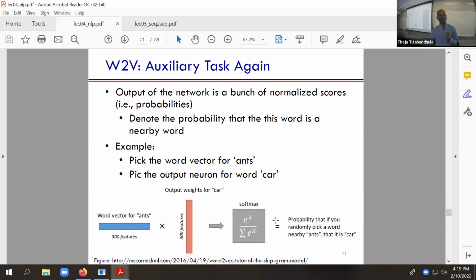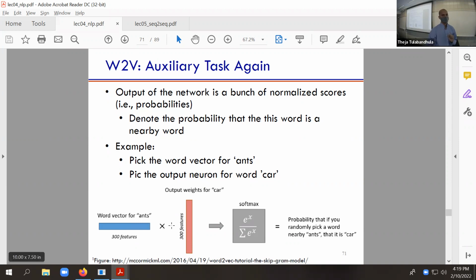So what I'm trying to say is that for one coordinate of the output, let's say car, that output is influenced by the input word vector for ants times a vector for that output word itself.